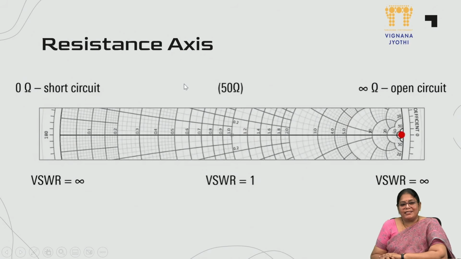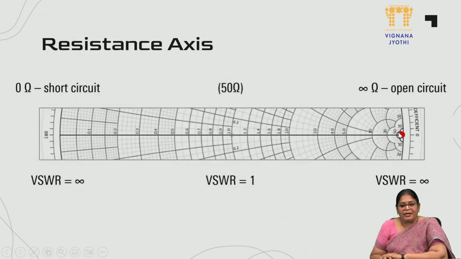So let us see the resistance axis. This is the center line which we are talking about. Previously we have seen this is the 1 point. As we go towards the left end, it corresponds to one extreme value, and if you go from 1 towards the right side, it corresponds to another extreme value.